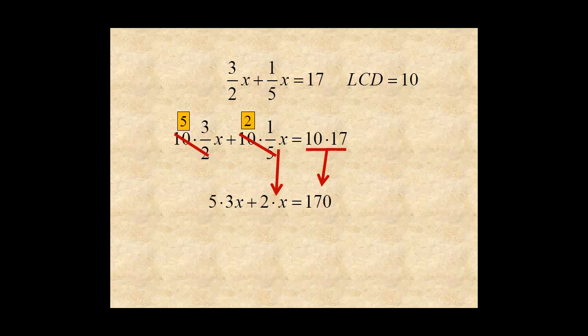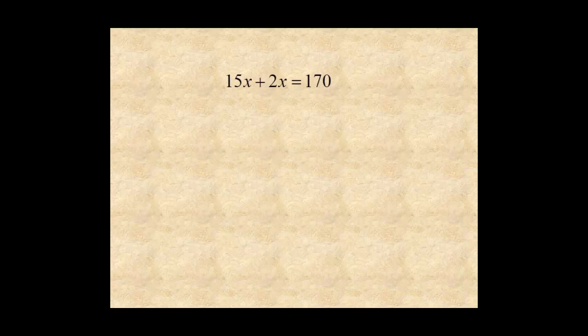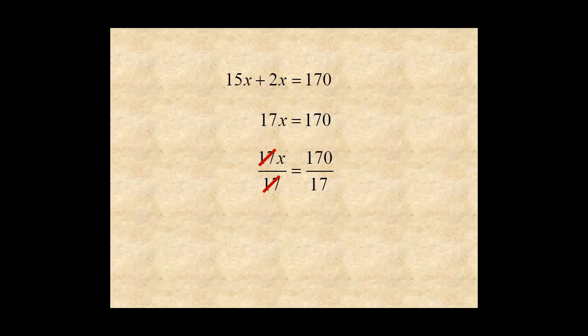Then 5 times 3x is 15x, and 2 times x is 2x. For the next step, combine 15x and 2x into 17x. Then divide both sides by 17. For the solution, x equals 10.